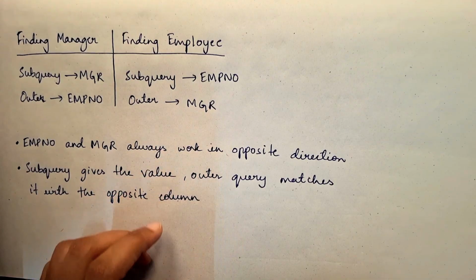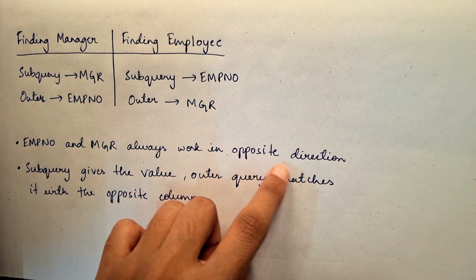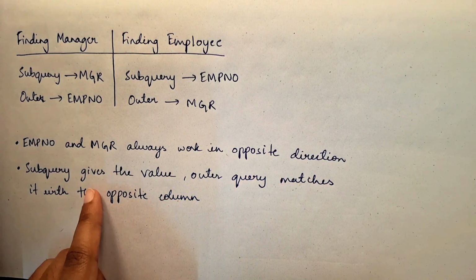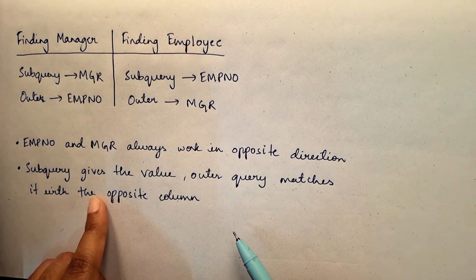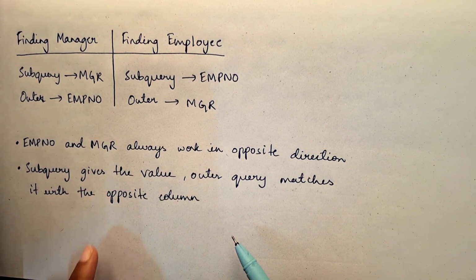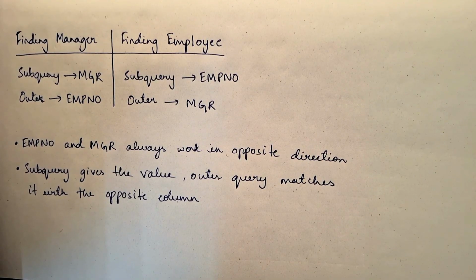So basically employee number and MGR always work in opposite directions, and the subquery gives the value, the outer query matches it with the opposite column. So if you remember just this table, you can solve any employee manager question without confusion.